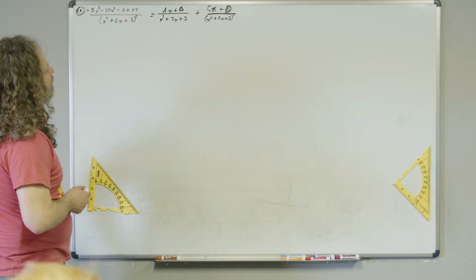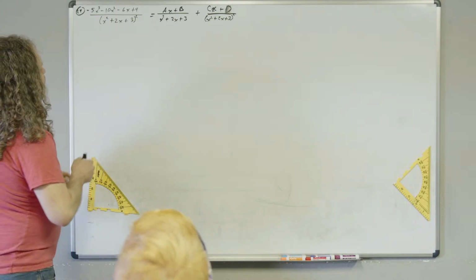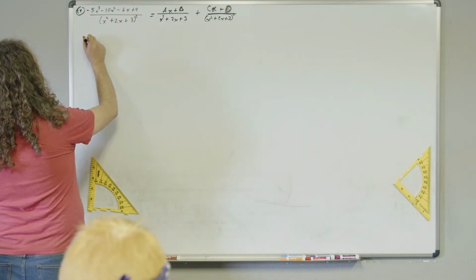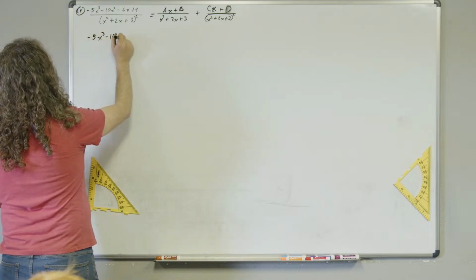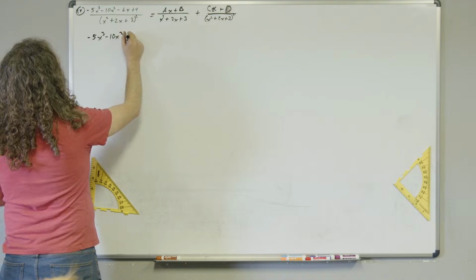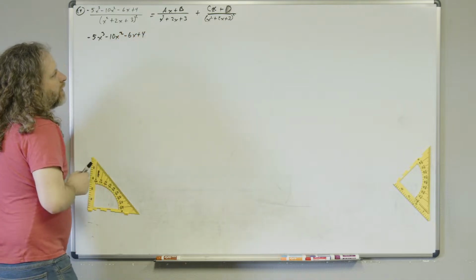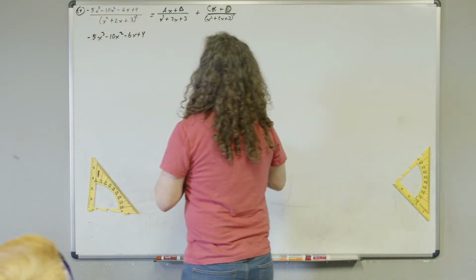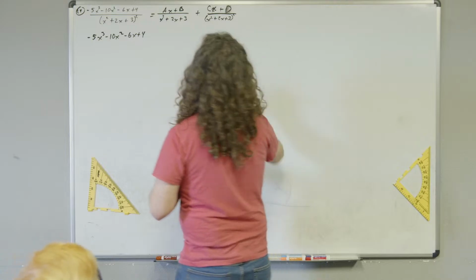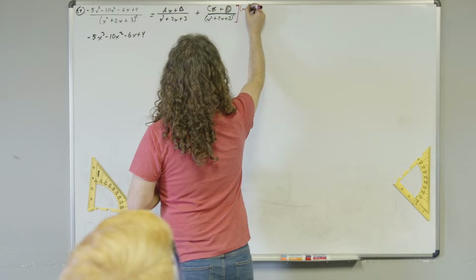Here we go. The left is going to stay the same, right? What we're doing here is multiplying. You're going to have to set something to 0.